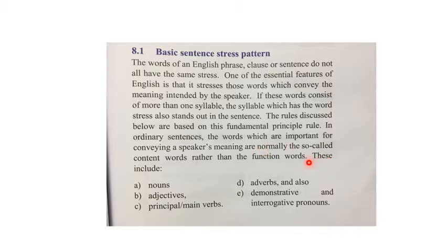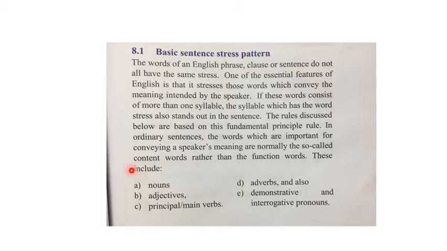Now content words, these words include طبعا هذه الليست from A to E. يعني these are types of content words. تمام. in a sentence. أول نوع هي nouns، الأسماء هي تعتبر content words. Adjectives also. And principal or main verbs، الأفعال الأساسية.